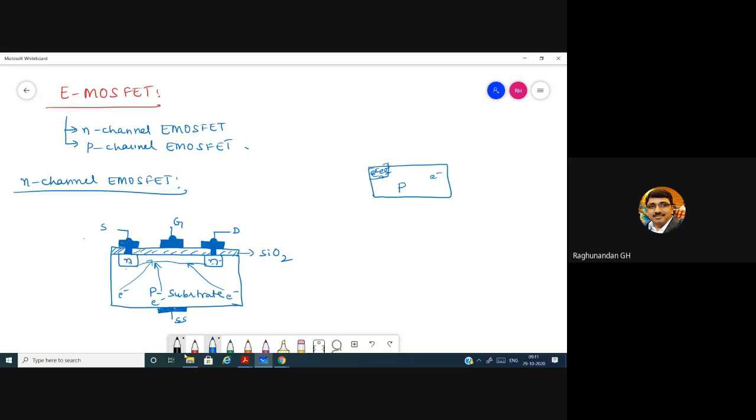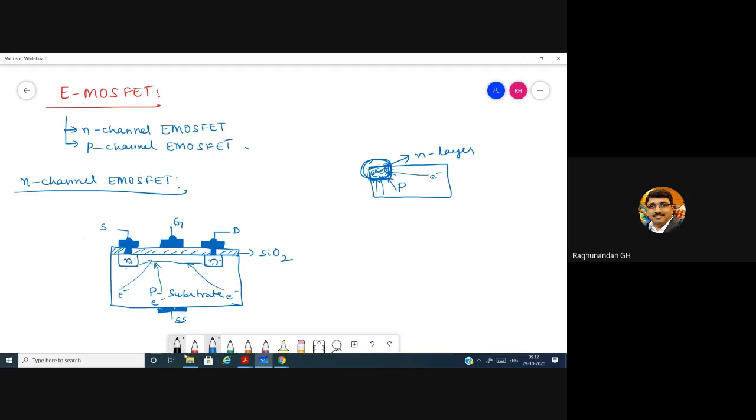Now, for just this portion, which is the majority charge carrier? Electrons. Can I call this an N layer? Yes, this portion only. It will be majority electrons. Only for this layer it is N: majority charge carriers are electrons, minority charge carriers are holes.